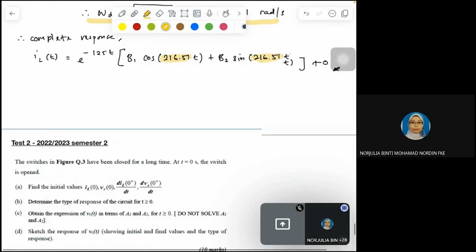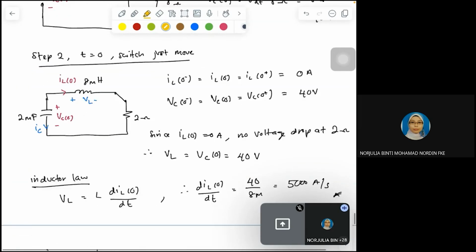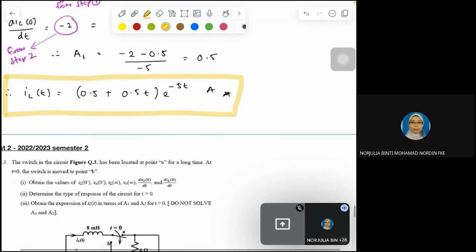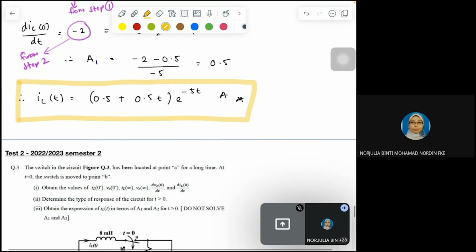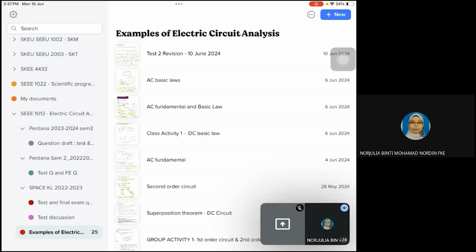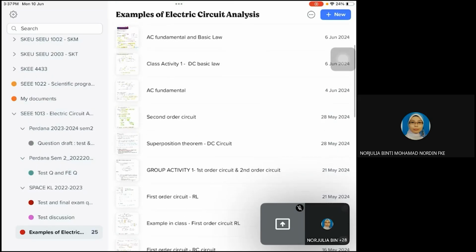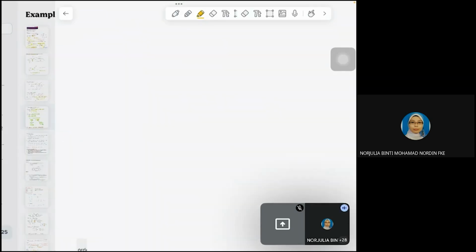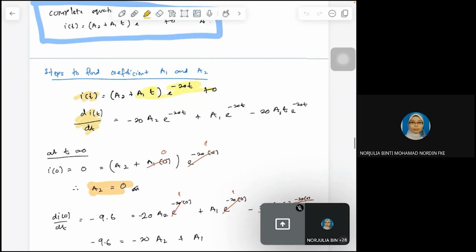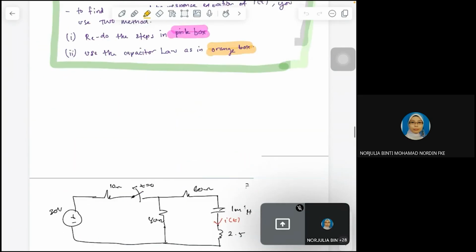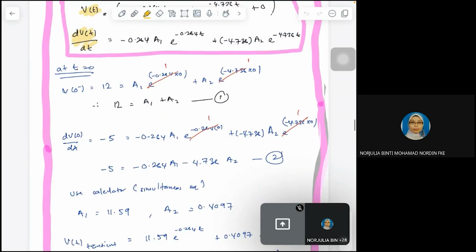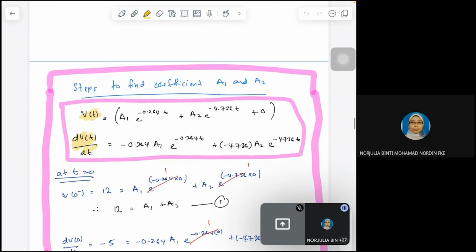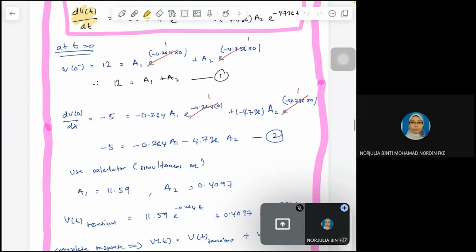But what if you have the overdamped? Let me show you the example that I have done in my class. If you want the example that I did in my class, you may ask a student in section 1.